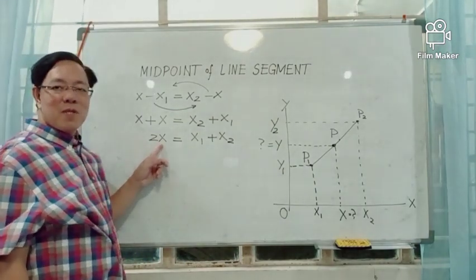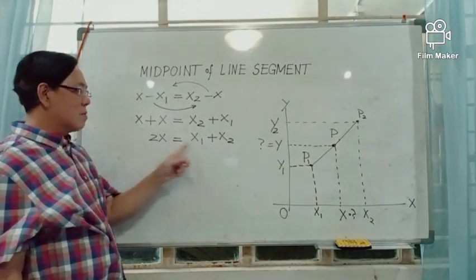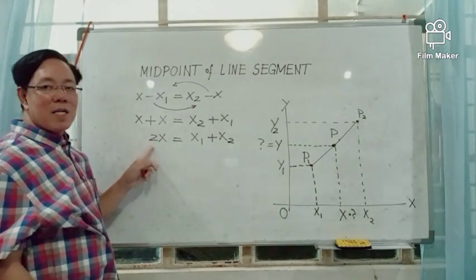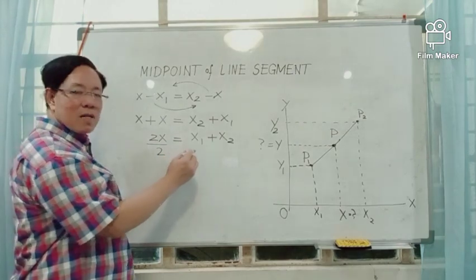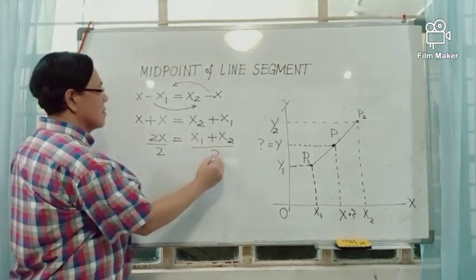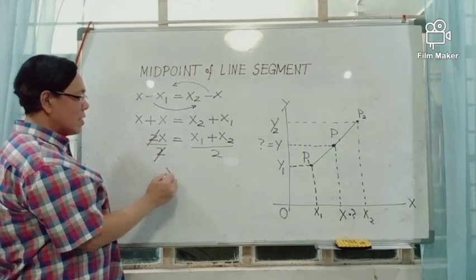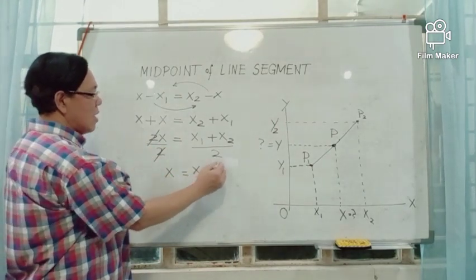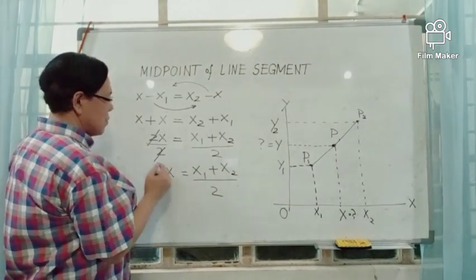Finally, to solve for the value of X, we divide both sides of this equation by 2 to make the coefficient of X equal to 1. 2 will cancel out from the left side. You get X equals X1 plus X2, divide by 2.